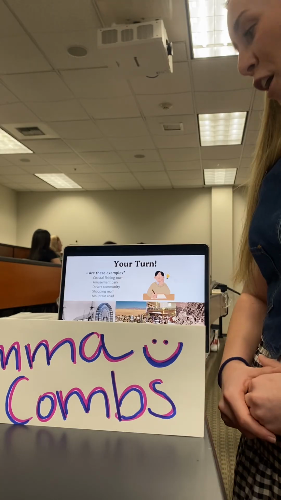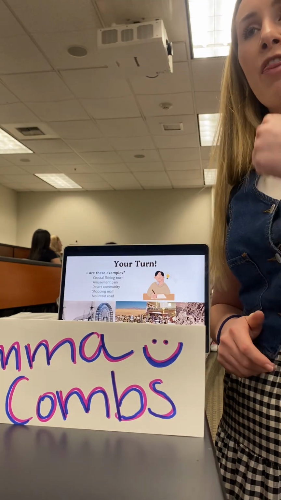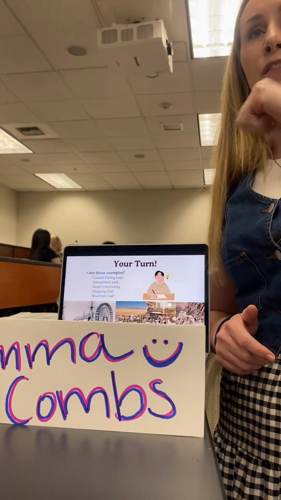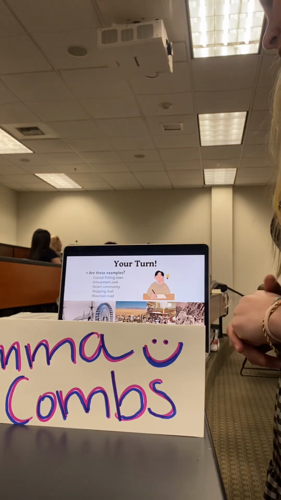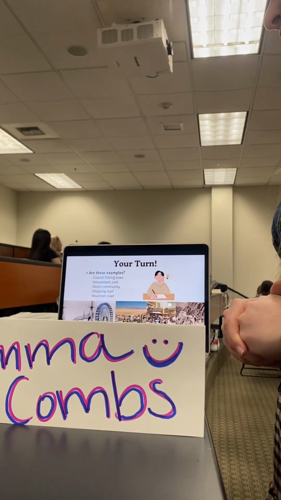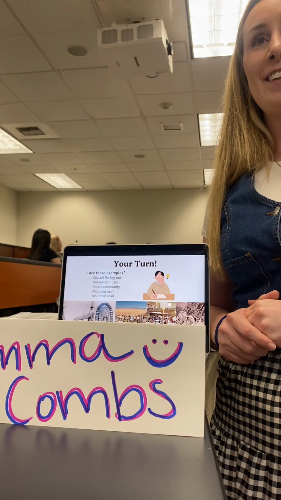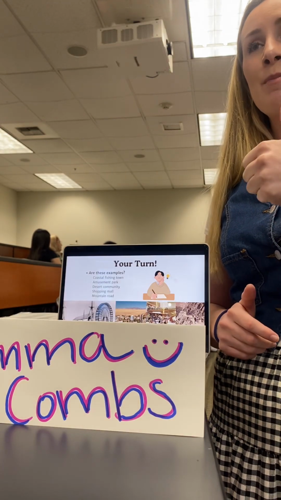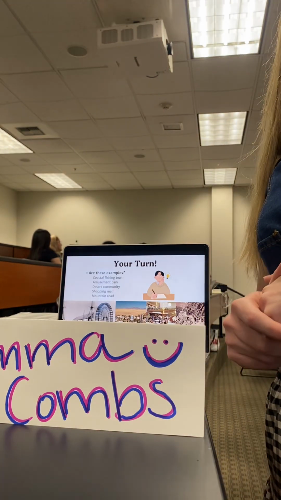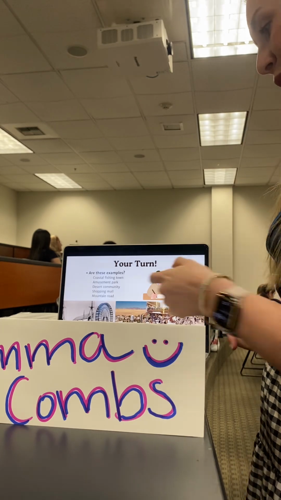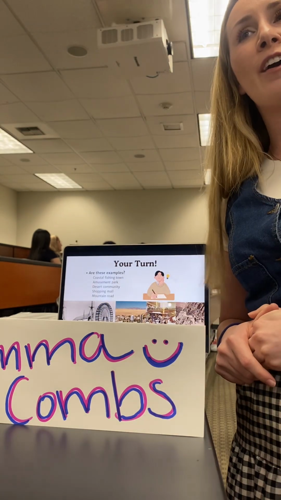Now it's your turn. I want you to give me a thumbs up or a thumbs down if you agree or disagree. Is a coastal fishing town an example? I see thumbs up. Yes, that is an example of how California's geography affects daily life. What about an amusement park?